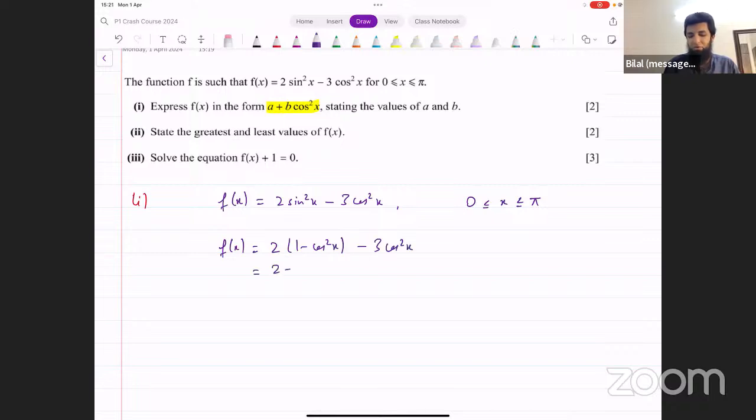And that gives you 2 minus 2 cos square x minus 3 cos square x, which is 2 minus 5 cos square x. This is what f of x turns out to be.